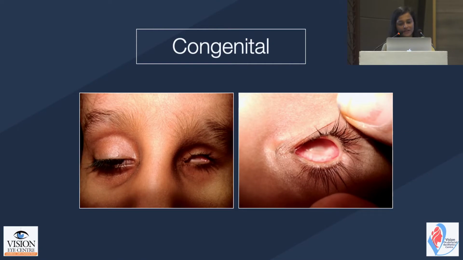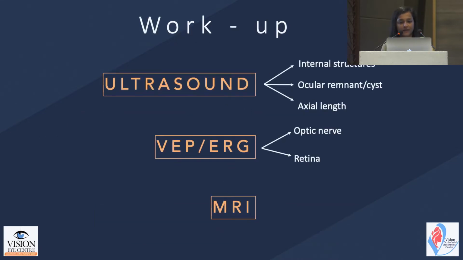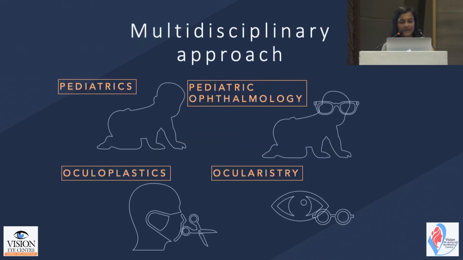In a congenital socket, you may have congenital anophthalmia. Dr. Jayanta will be covering this in more detail, but the concerns are basically the shrunken bony orbit, minified eyelids, and deficient conjunctiva, which can retard the half of the face also from developing. The workup includes a good ultrasound and possibly an MRI along with a multidisciplinary approach, more importantly, with that of a good ocularist.